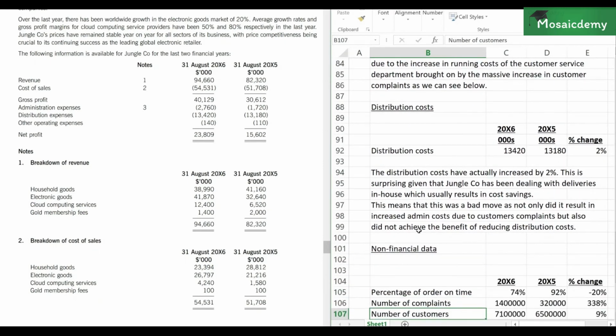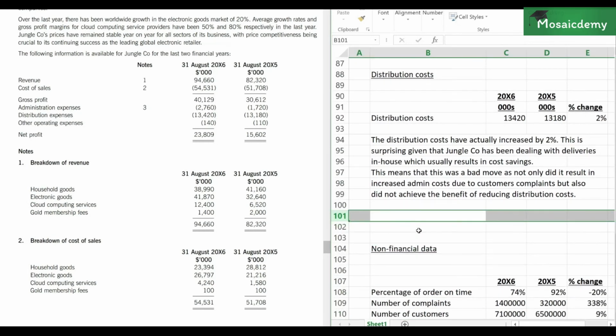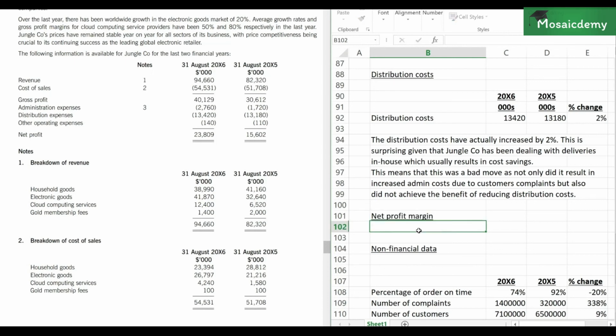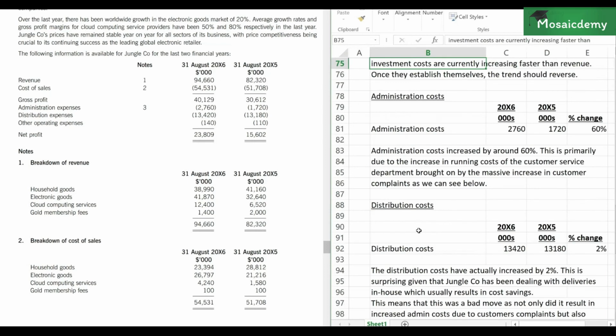And finally, just for the sake of it, net profit margin, because if they've given net profit, that usually means they want you to analyze net profit margin, and they might have separate marks for it. So we'll just briefly talk about that. We'll do it in the analysis overall because they haven't given us the overall breakdown that we can use for each separate category. Net profit margin. Let's just copy the format for gross profit margin from above.